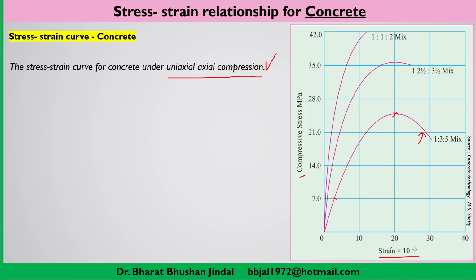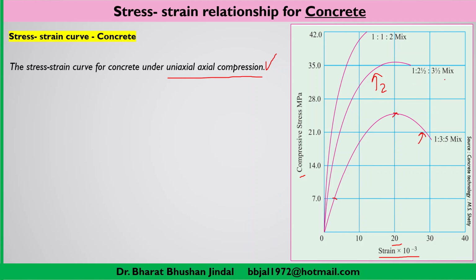In the first curve, the strain where the maximum stress occurs in the concrete is 20 into 10 raised to power minus 3. And similarly, when you see the other curve, curve number 2, the grade of concrete has been changed.